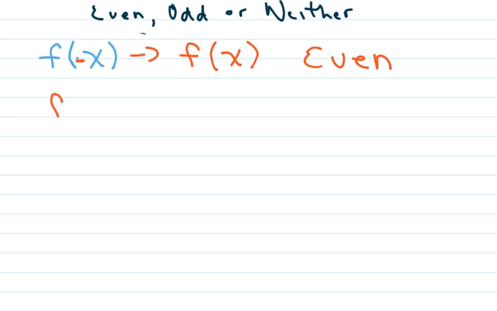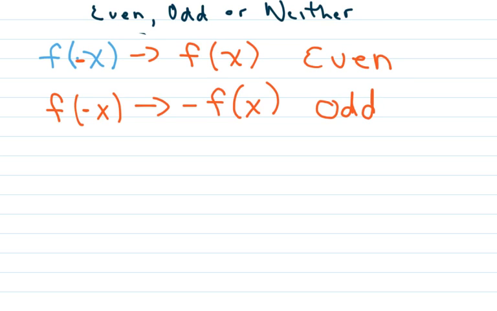If it's odd, then when you take f of negative x, it's going to be negative f of x, and that would be odd. Now, evens are easy because you know you're going right back to your original. Neither is pretty easy as well, but odd can be confusing.